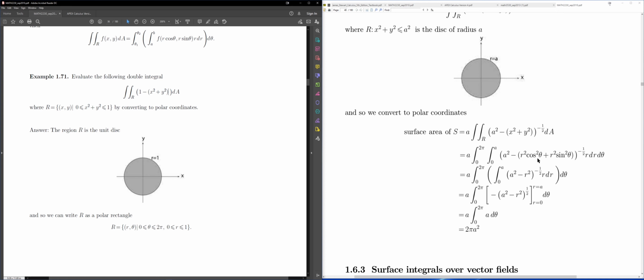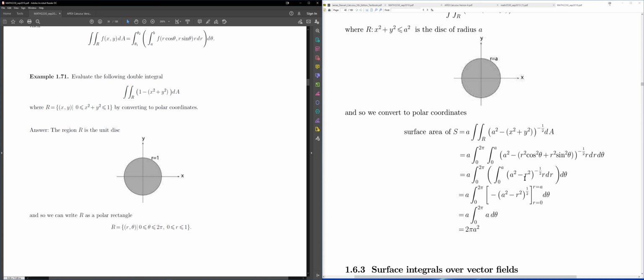If you want to simplify here a little bit, you could pull out the r squared and you'd have cos squared plus sine squared. So what you'd get is just an r squared over here. Here I have a squared minus r squared to the power minus a half, and I have an r outside from the r d theta.